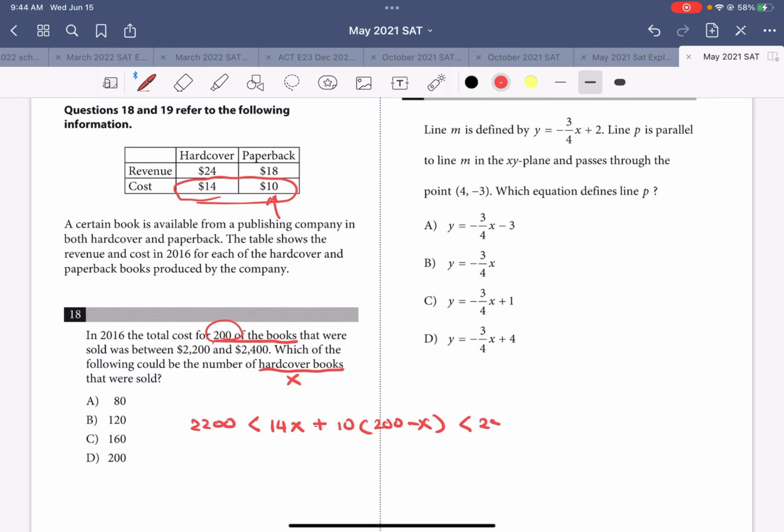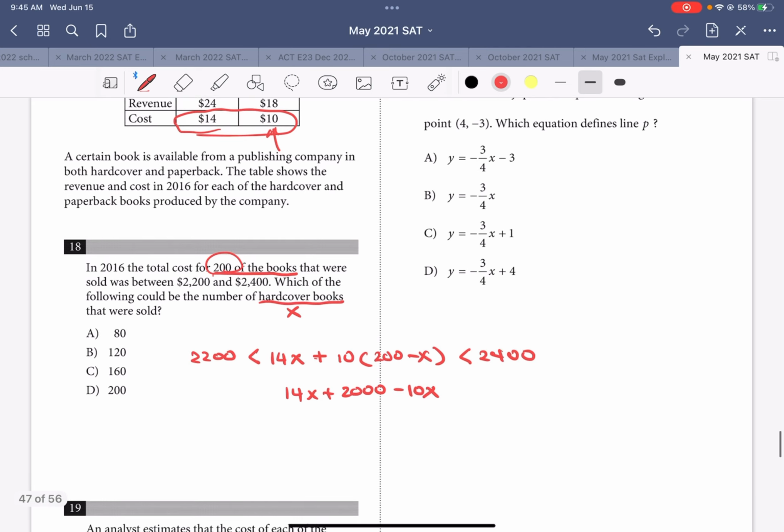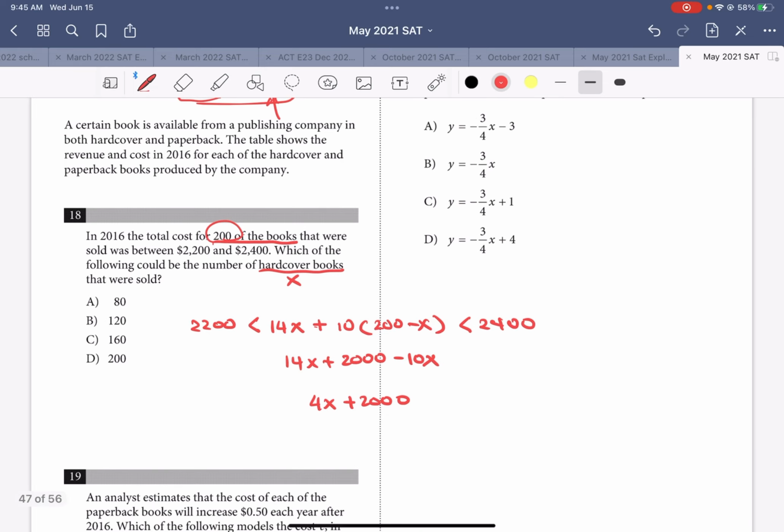So that's the total cost, and that is between 2200 and 2400. This is the hardcover books and this is the paperback books. That's the total cost between these two values. And I need to isolate X then. 14x plus 2000 minus 10x. When you reduce, 4x plus 2000, and then it's between 2400 and 2200.